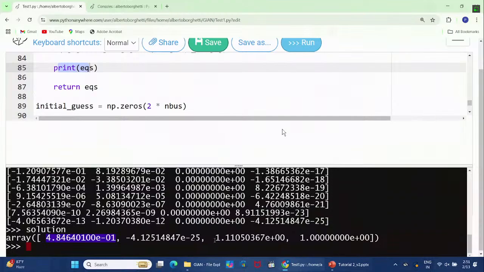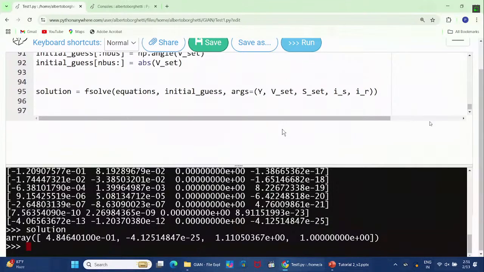And also you see that there is the voltage in bus 1. This is the voltage in bus 1. The voltage in bus 2 is always 1, so in agreement, also this is 0. For me, E minus 25, 10 raised to minus 25, is 0. Is it good?